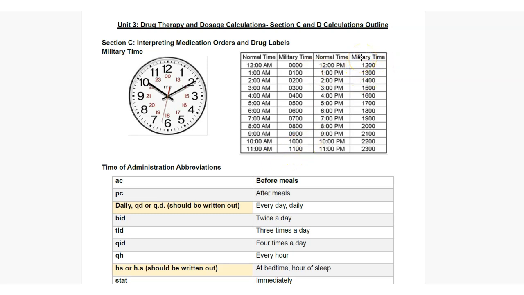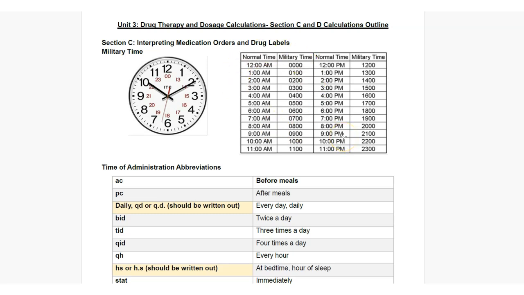But after 12 p.m., 1 p.m. is going to be 1300, 2 p.m. is 1400, 3 p.m. is 1500, 4 p.m. is 1600, 5 p.m. is 1700, 6 p.m. is 1800, 7 p.m. is 1900, 8 p.m. is 2000, 9 p.m. is 2100, 10 p.m. is 2200, and 11 p.m. is 2300.